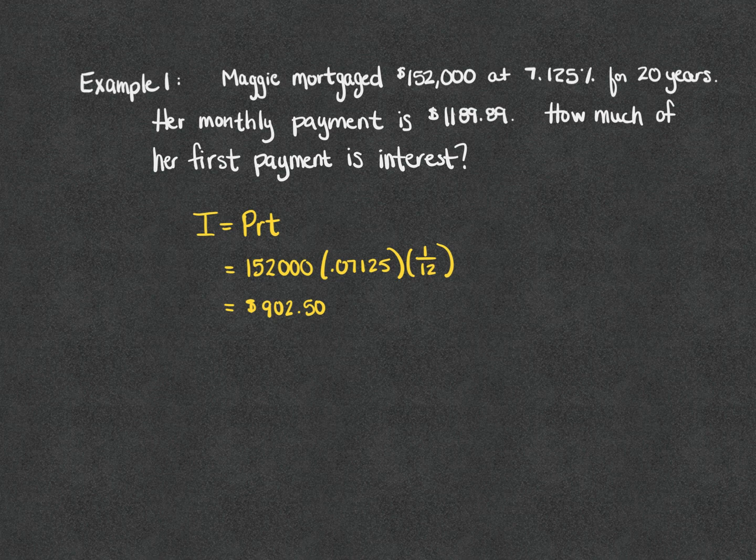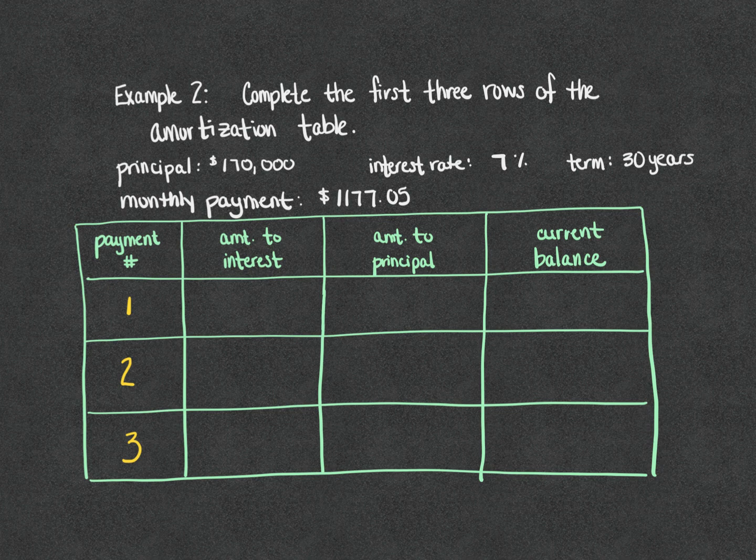So let's see how this works in a little bit longer time frame. The same idea is taking place here, except now we're going to figure out how much of the payment is interest, how much goes to the principal, and then what the current balance of the loan is for the first 3 payments being made. In this case, we have a principal of $170,000 being borrowed at 7% interest for 30 years.